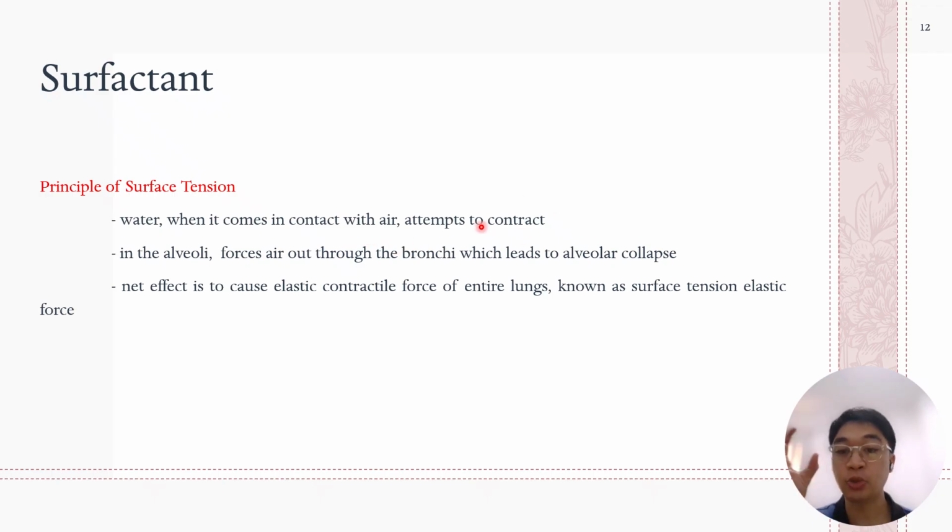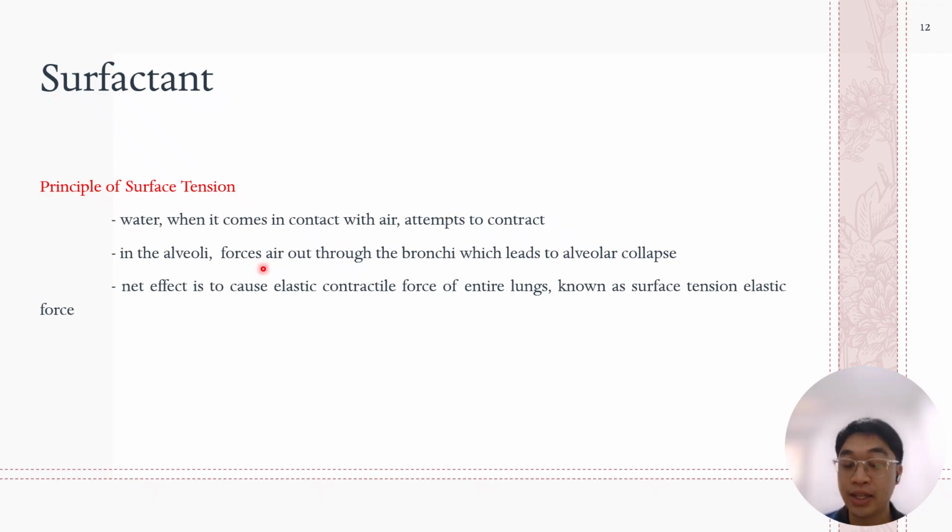Just like raindrops, when water flows down, it looks contracted because of the surface tension, because the water has been in contact with the air molecules.